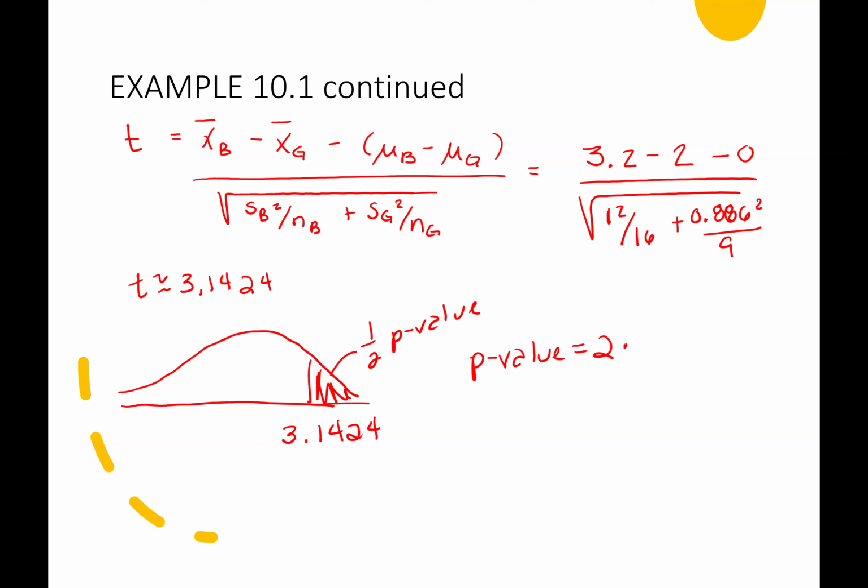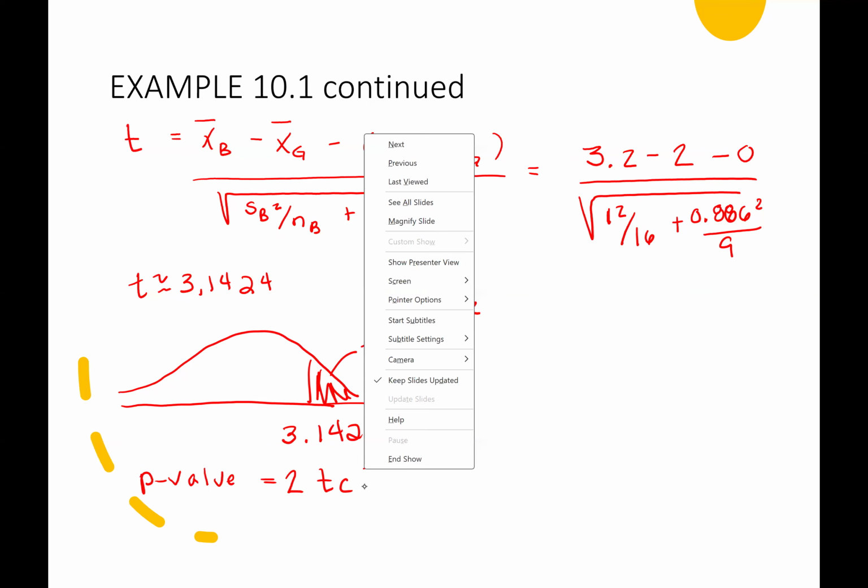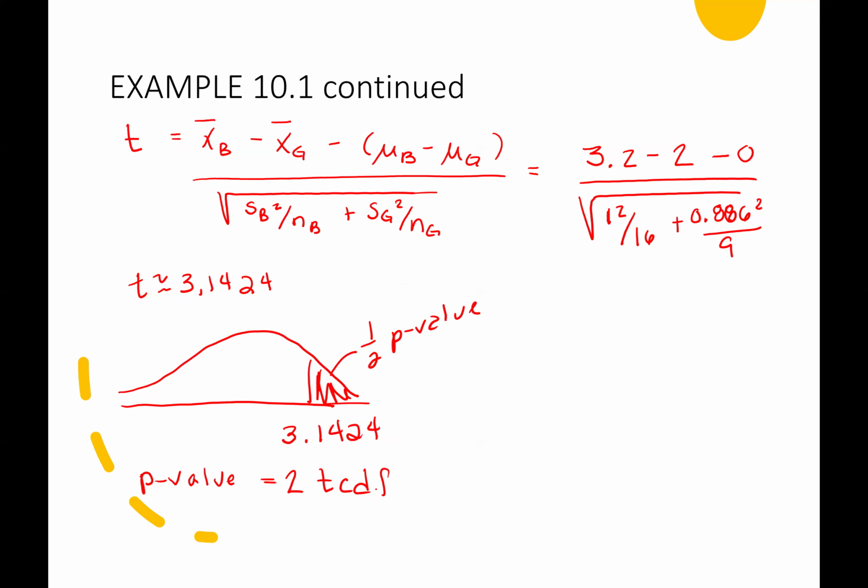I should probably write this where I have a little more room. The p-value then is 2 times the t-CDF, finding the area under the curve using the Student's t-distribution. We're starting at 3.1424 and going to infinity, with a mean of, oh, excuse me, I don't need a mean.